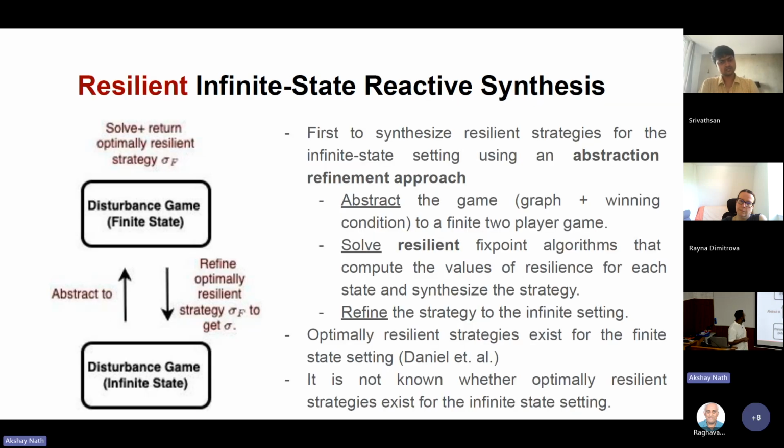And finally, once you get a strategy in the finite state setting, you refine this strategy to get a strategy in the infinite state setting. Optimally resilient strategies exist for the finite state setting, which is proven by Daniel and others. However, it is not known whether optimal resilient strategies exist for the infinite state setting, or how we can even compute them, if at all.